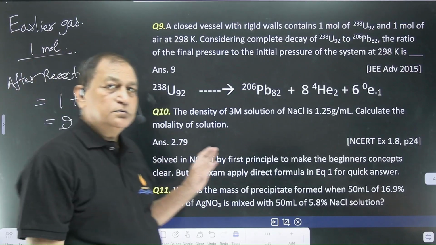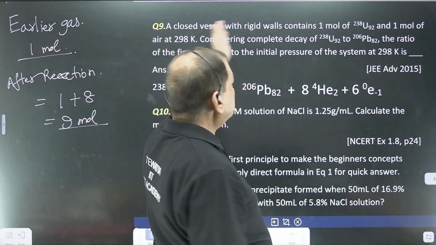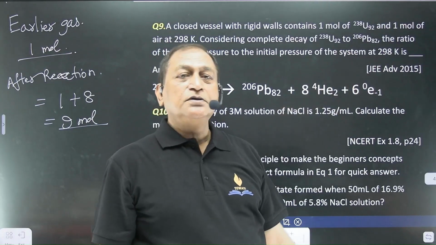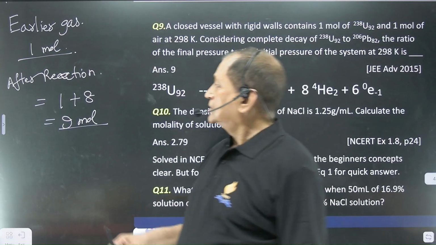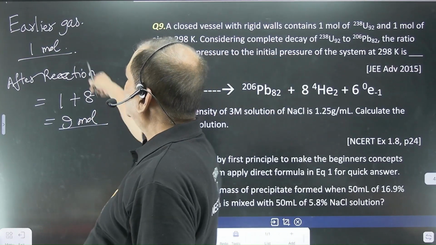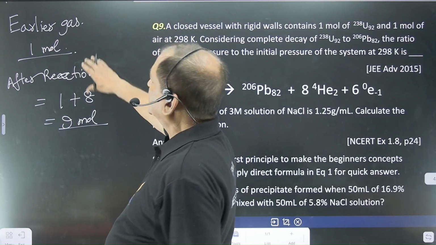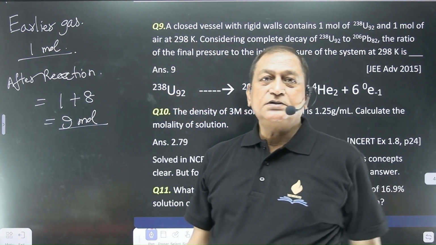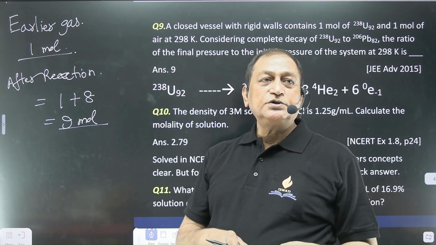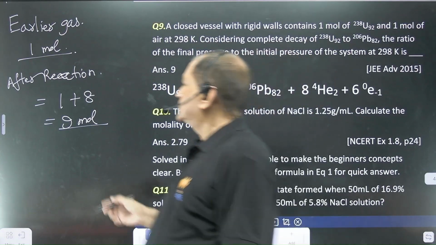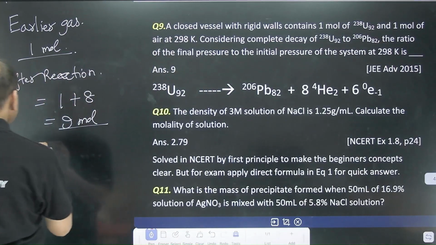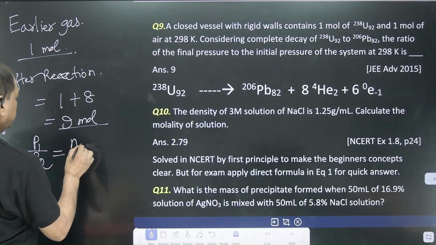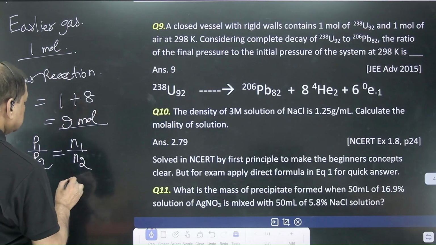Why 9 mole? Because 1 mole of air remains unreacted. So this is there before the reaction also and after the reaction also. So 1 plus 8, 9 mole in the end, 1 mole in the beginning. So the vessel is a closed vessel. Volume is fixed. So pressure is directly proportional to the number of moles. So moles have increased, so pressure will increase. P1 by P2 equals N1 by N2. So 9 times.